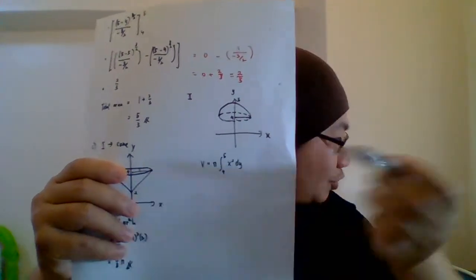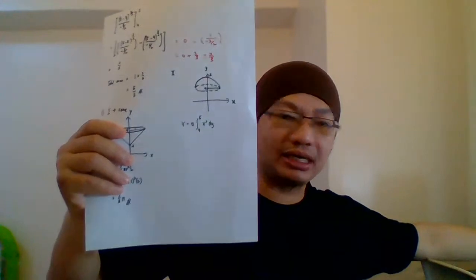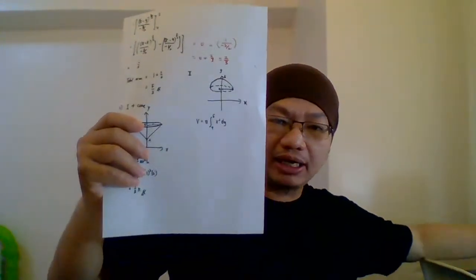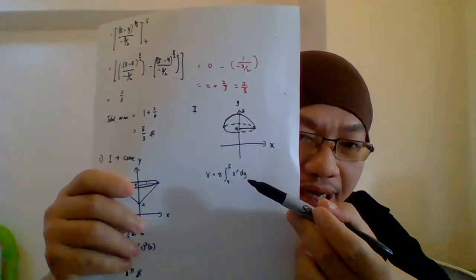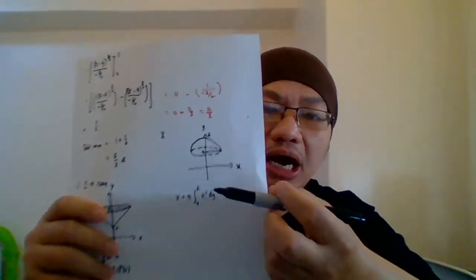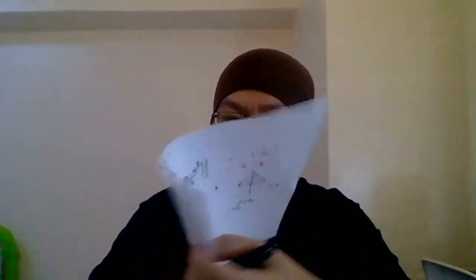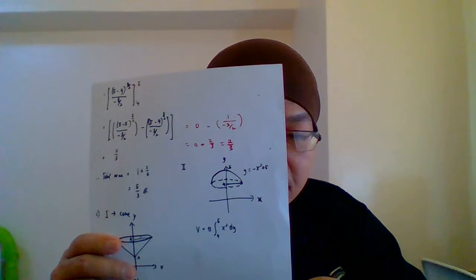Because we rotate against y, we use the formula against y. So our equation of the curve is y equals negative x squared tambah 5, sorry. This is your original curve equation.